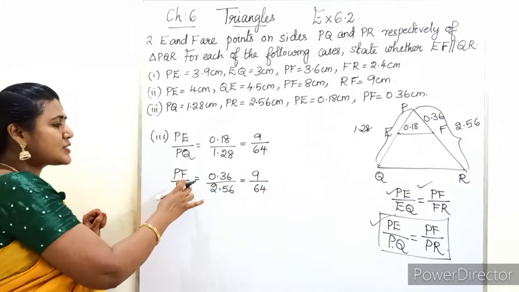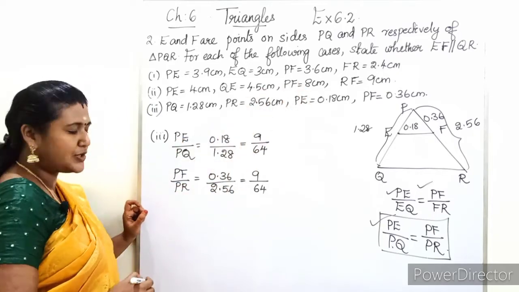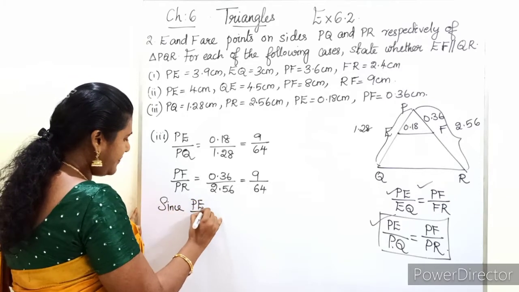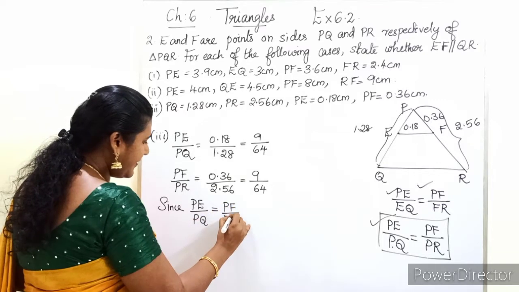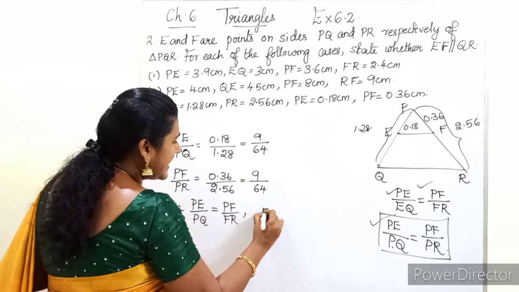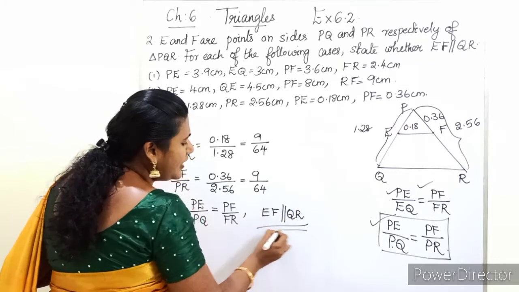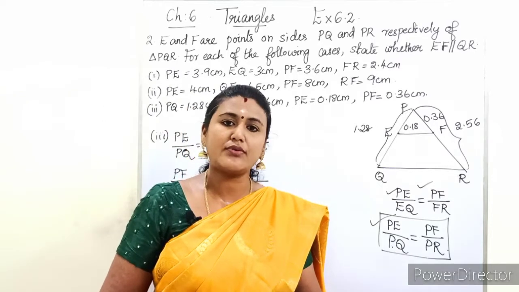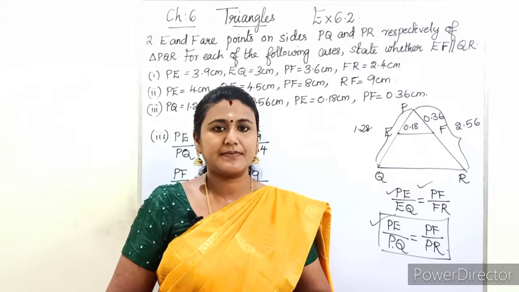So since these two ratios are the same, we can say that EF is parallel to QR. Since PE by PQ is equal to PF by PR, the line EF is parallel to QR. So if you want to prove any two lines are parallel, we have to use the converse of the basic proportionality theorem. Now we will see the next question.